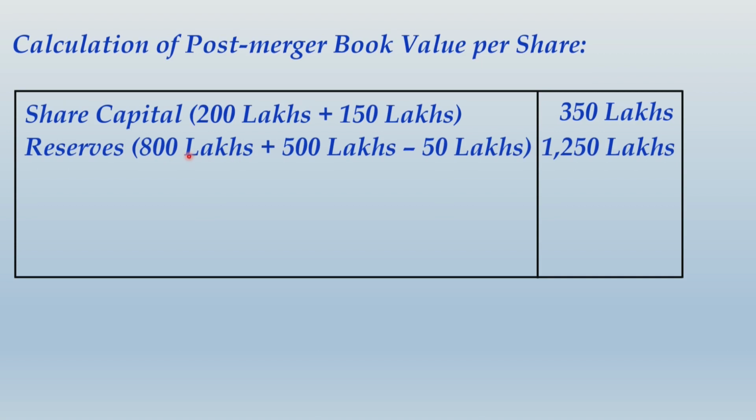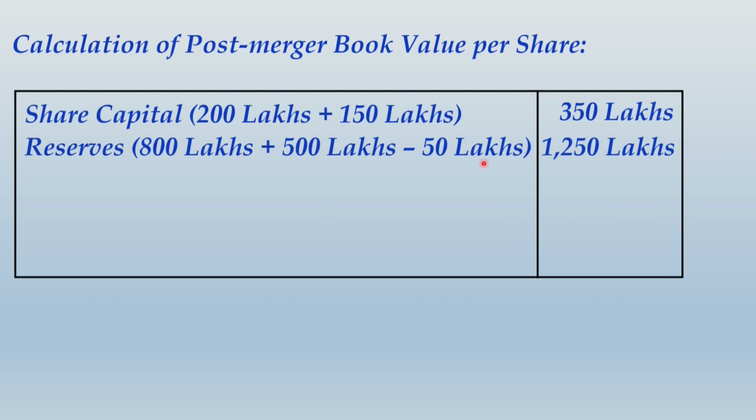So reserves of Abhiman Limited 800 lakhs, reserves of Abhishek Limited 500 lakhs, and that 50 lakhs has been adjusted over here. If you don't make this adjustment and simply keep it as 800 lakhs plus 500 lakhs, that is 1300 lakhs, it will be an error. So don't ever forget to write this.